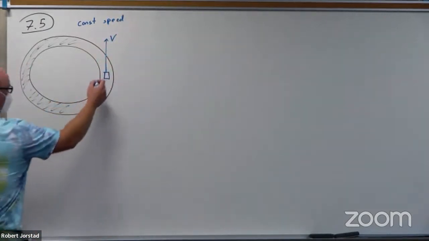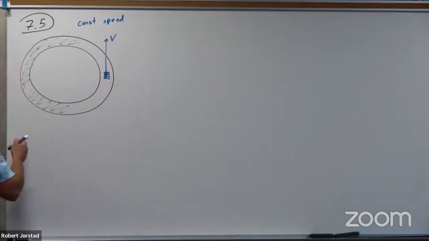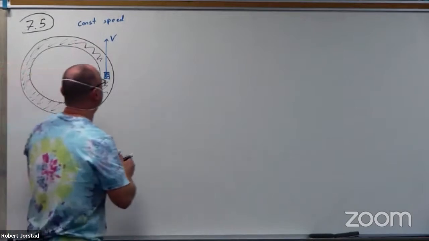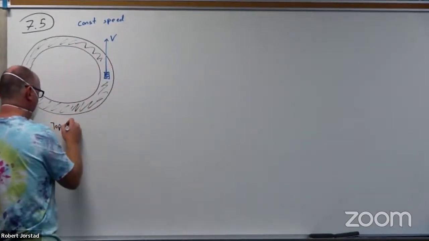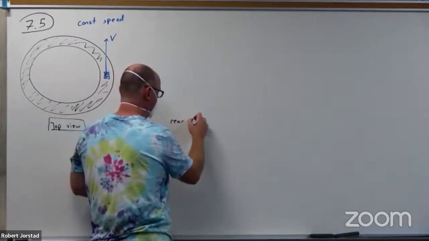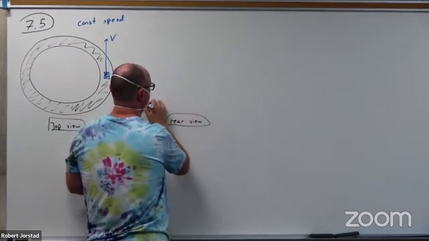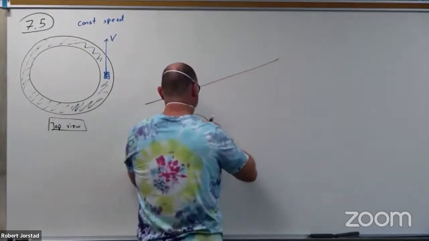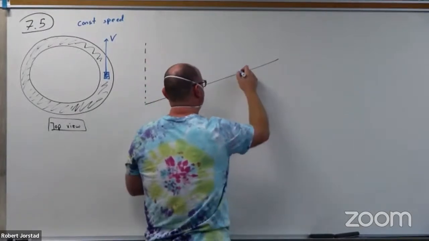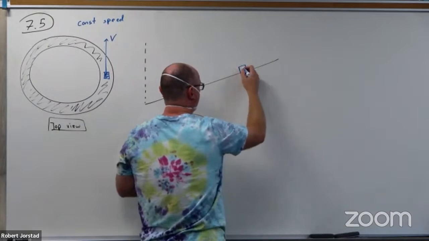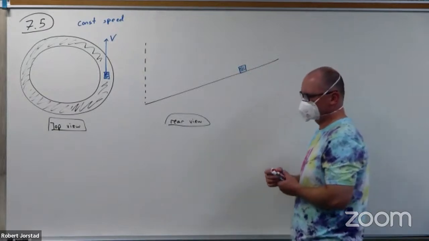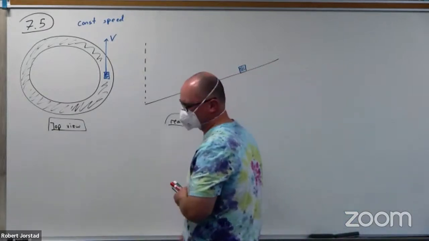Let's assume our car is going around with some constant speed v. Okay. This is the top view. Do a rear view. Okay. Got the center of our incline here. What's one force acting on this thing?